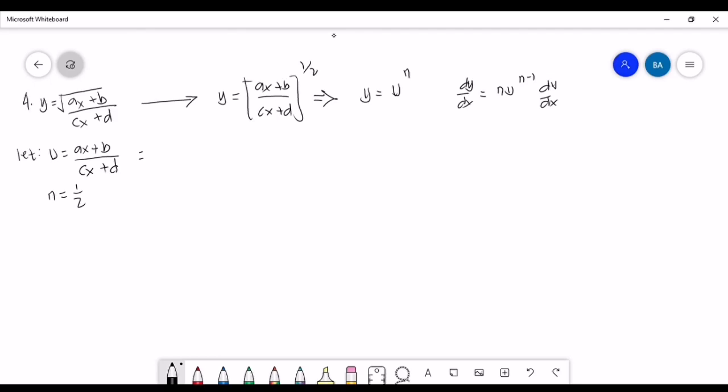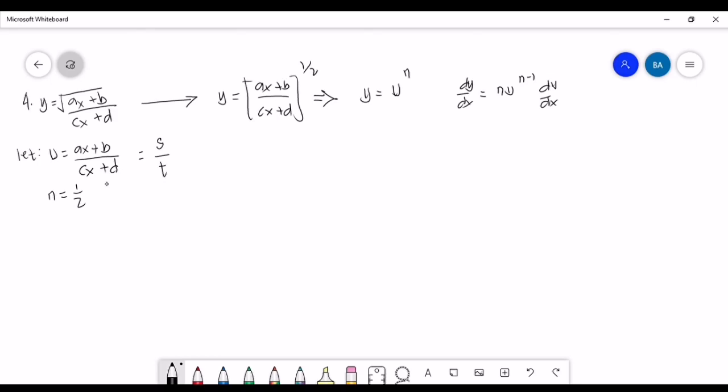So we need to find du dx, but our u is still a rational fraction. Let's try to let this be our s and this be our t.